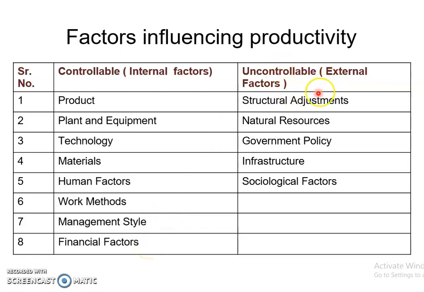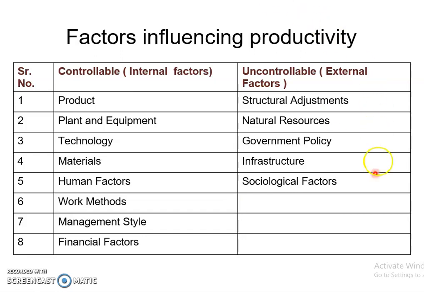But there are a few uncontrollable factors as well, that is external factors, which are not in the control of an organization: structural adjustments, availability of natural resources, quality, then government policies. As governments change, policies may change. From country to country, the industrial policies are changed.